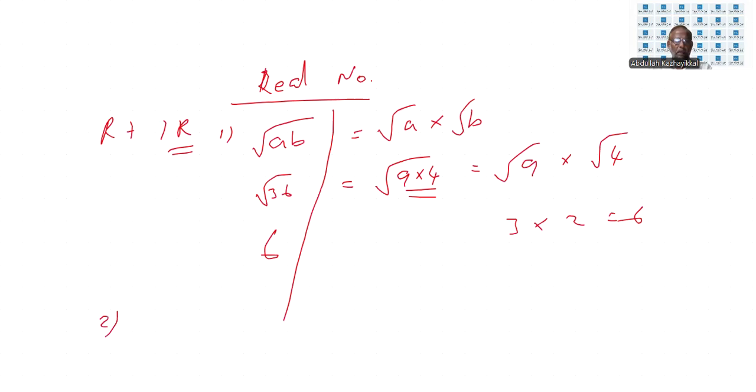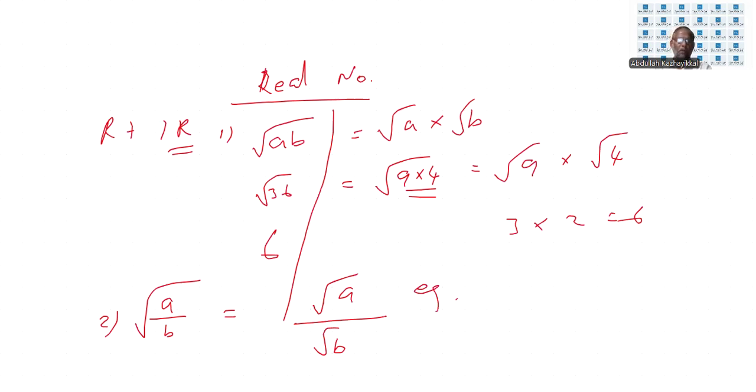Square root of A by B. That is very clear: square root of A divided by square root of B. Square root of A divided by B is equal to square root of A divided by square root of B. Can you tell me an example for this one? Please tell me an example.